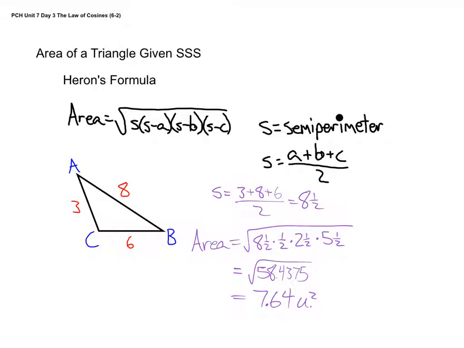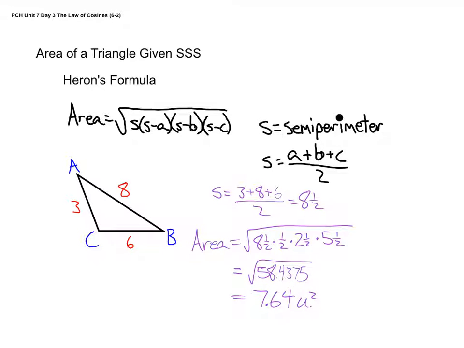Oh, Mr. Rickson, so then wouldn't the area be the semi-area? No. Just like the semi-perimeter, because the semi-perimeter is only half of the perimeter, it still works out to give us the full area.